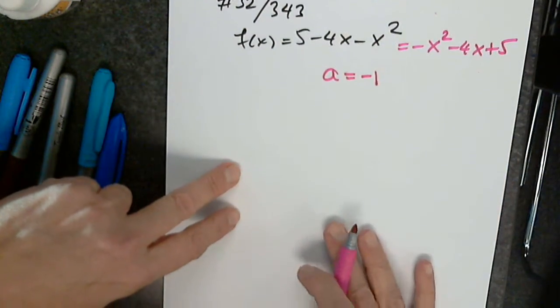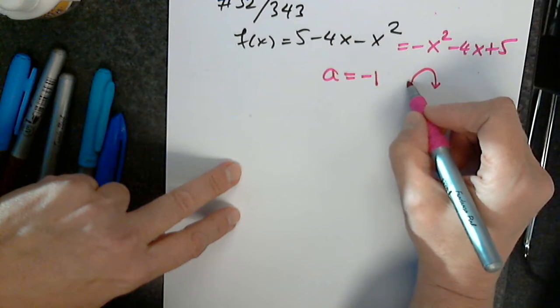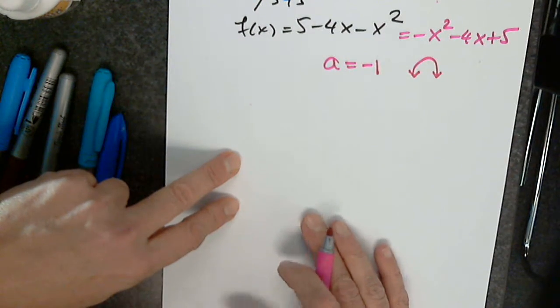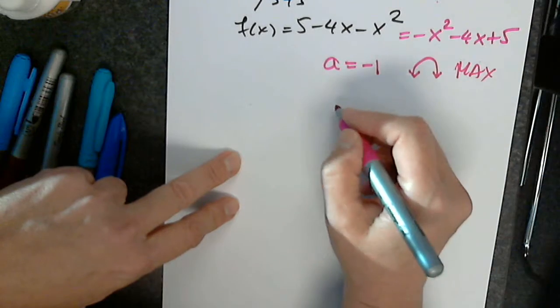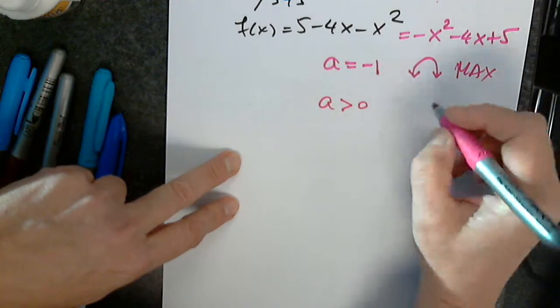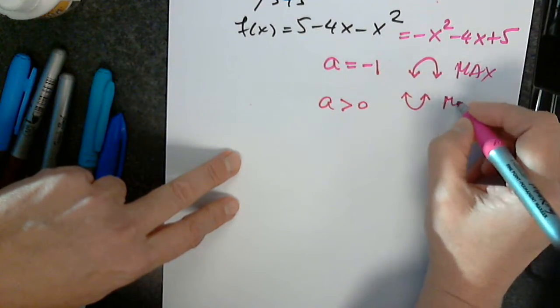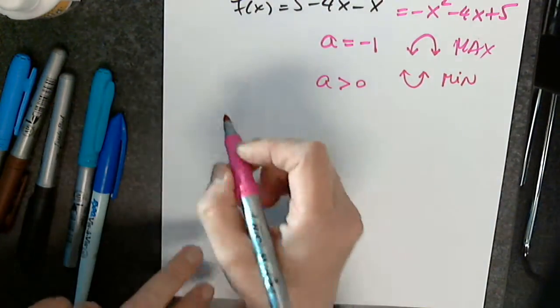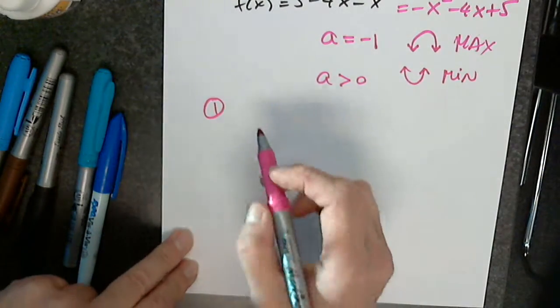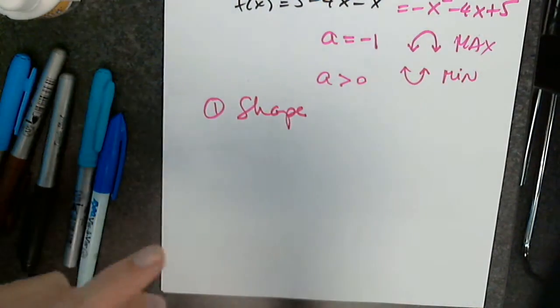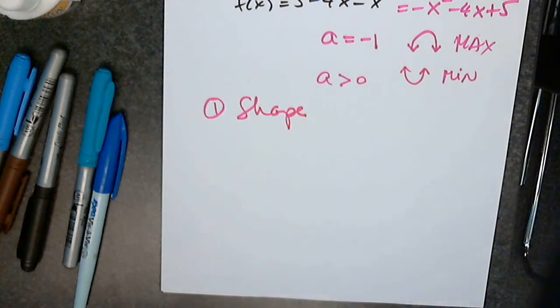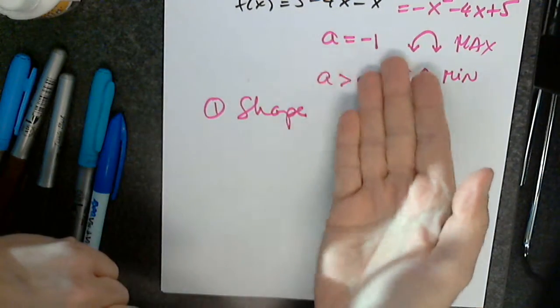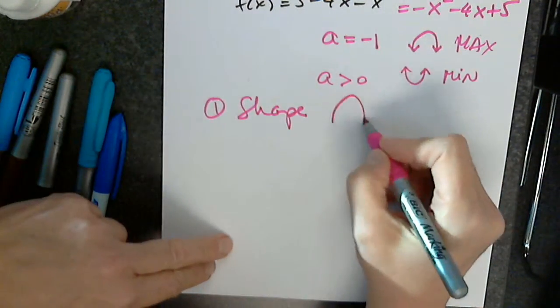If the leading coefficient is negative, the quadratic function has a maximum. If the leading coefficient is positive, the quadratic function has a minimum. So the first question I'm asking myself is, what is the shape of this graph? Because there are two possibilities: opening upward and having a minimum, or opening downward and having a maximum. Well, I identify that the leading coefficient is negative 1, so this graph will have a maximum.